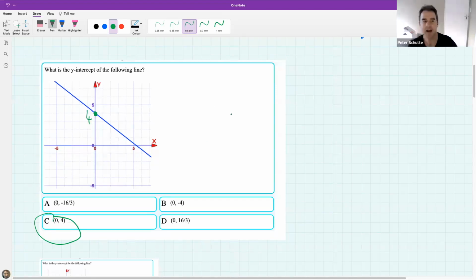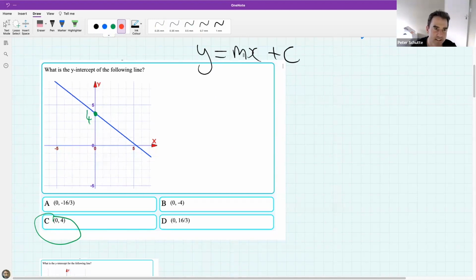Okay, now, I said to you that in order to find the equation of the straight line, you needed M and you needed C. Can you figure out the equation of this straight line using what you've learned so far in today's lesson? You've just told me that you've worked out what C is.